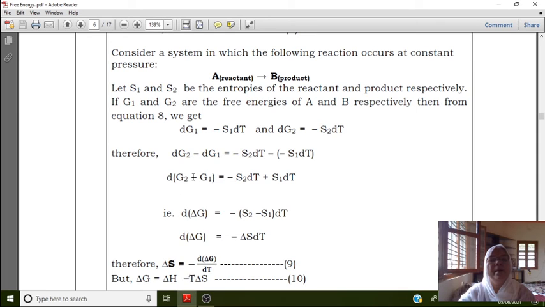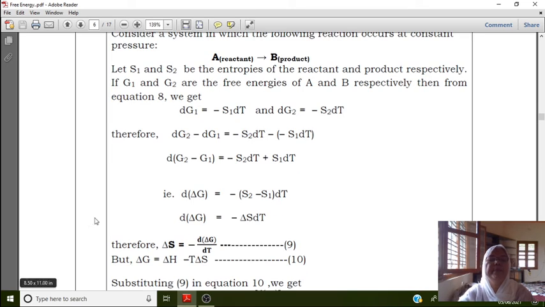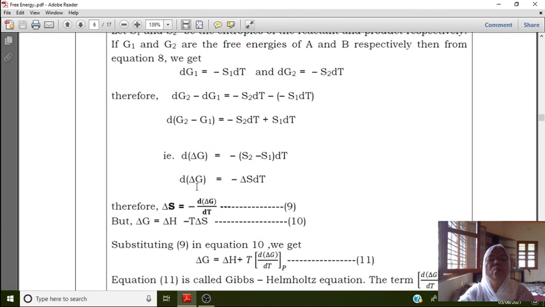That is, d(G2 minus G1) is equal to minus S2 dT plus S1 dT. That is, dG is equal to minus (S2 minus S1) dT. That is, d of delta G is equal to minus delta S into dT.